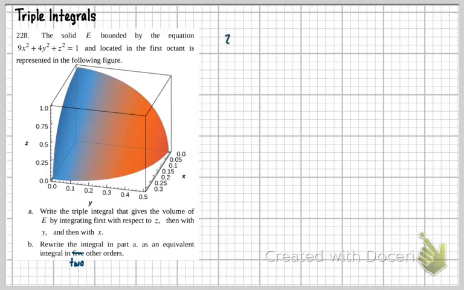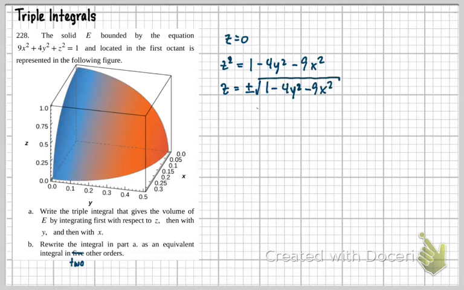We know our z starts at 0, and then z squared equals, moving everything over to the other side, minus 4y squared minus 9x squared, and then I square root both sides. So I get z equals plus or minus the square root of 1 minus 4y squared minus 9x squared.